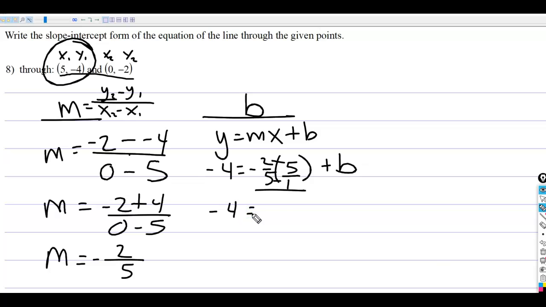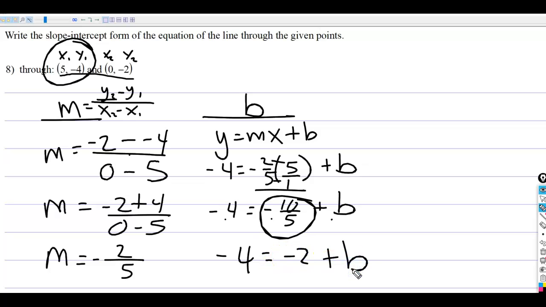And what that's going to give me is -10/5. Now sometimes you get lucky enough to be able to reduce this. And in this case, it reduces. But if this fraction doesn't reduce, what you would do is multiply every term by the bottom number to cancel it out. Okay? But in this case, we actually get a little bit lucky. This reduces nicely, and we just end up with -2.